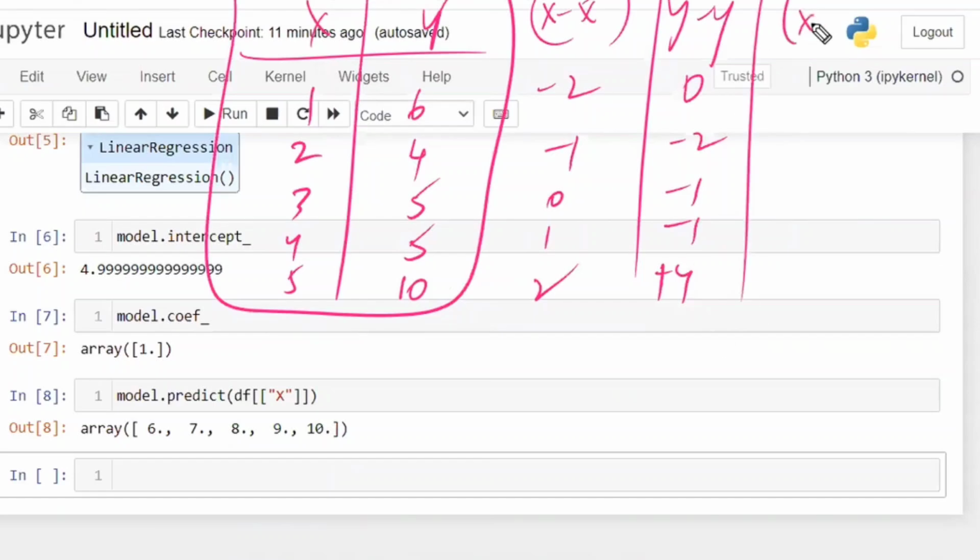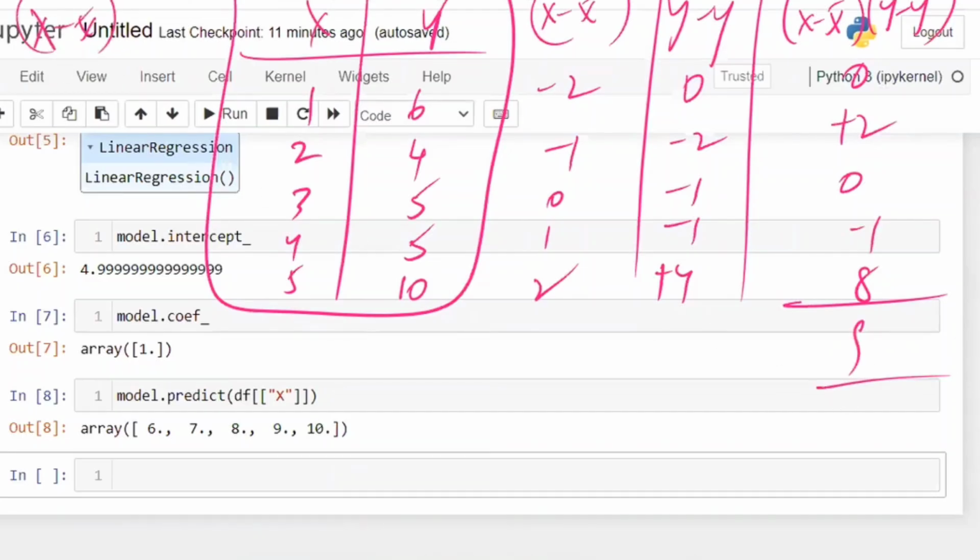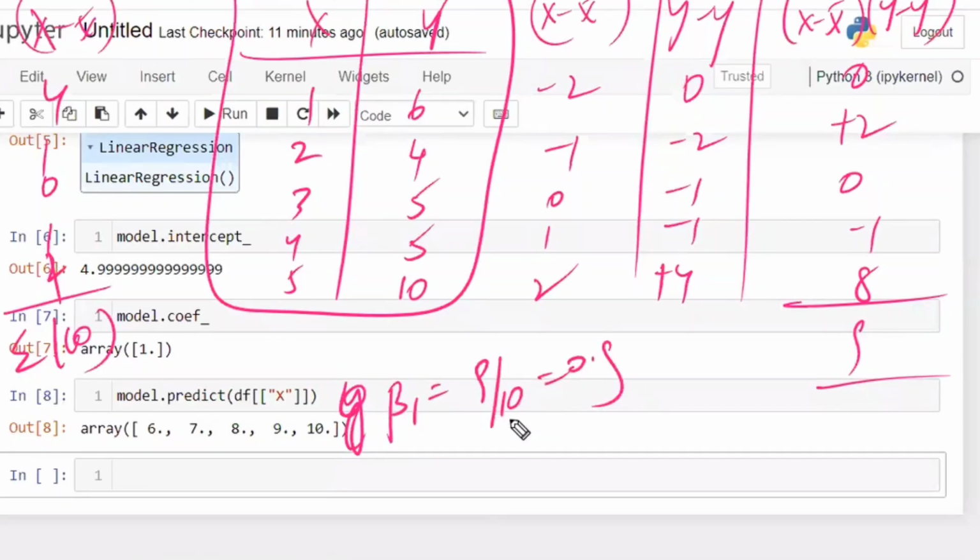Now, x minus x bar into y minus y bar is 0 plus 2 plus 0 minus 1 plus 8. The sum is 9. X minus x bar whole square is 4, 1, 0, 1, 4, the total sum is 10. Beta 1 is equal to 9 divided by 10, which is 0.9.